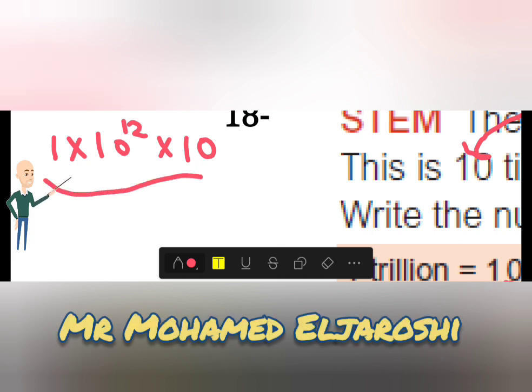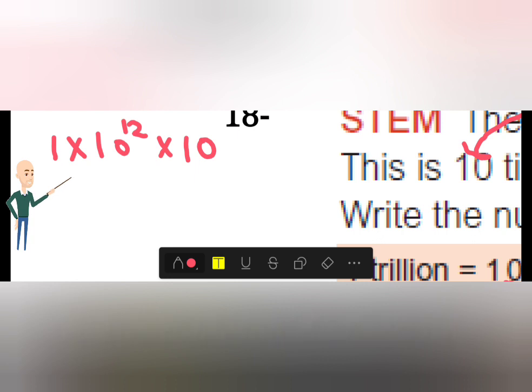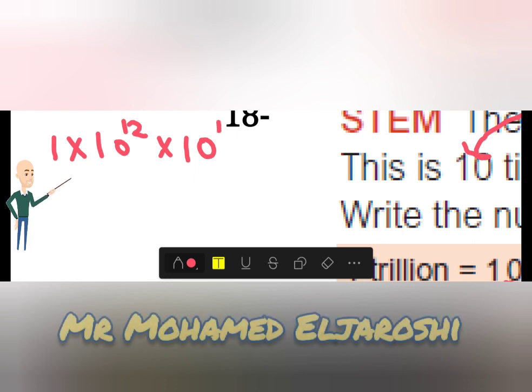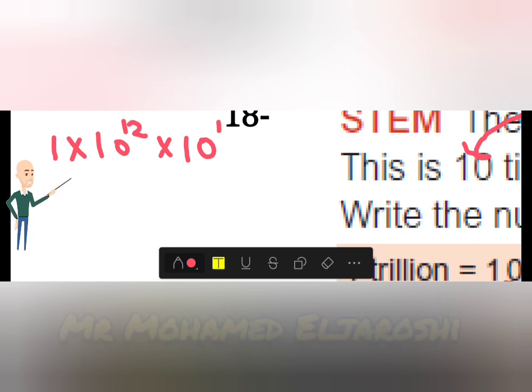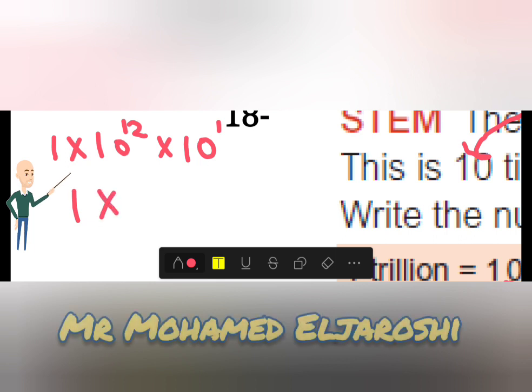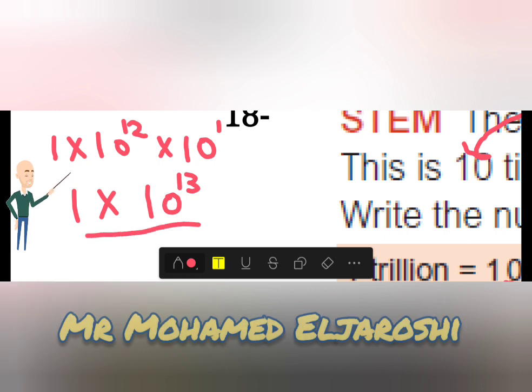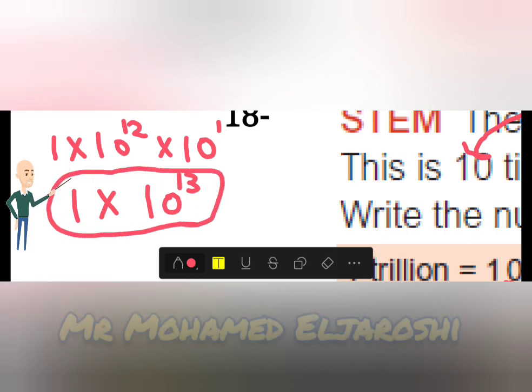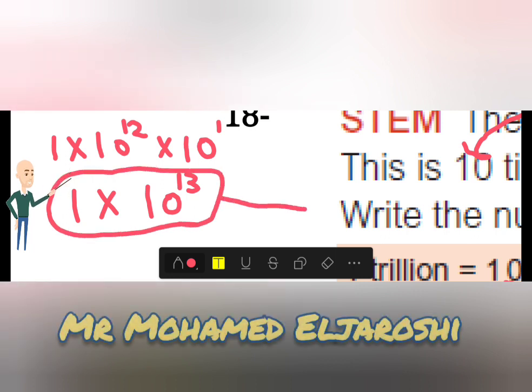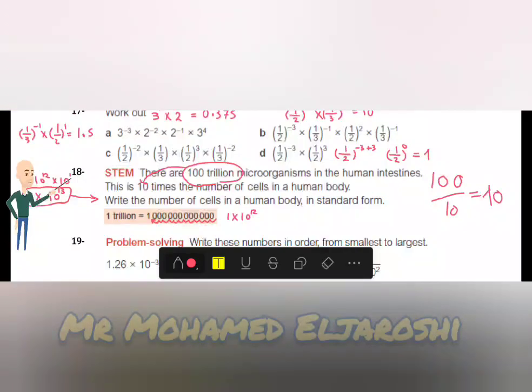Because we're multiplying the same base numbers and this one has a power of 1, we will add the powers together. So it's going to be 1 times 10 to the power of 13. And this is the number of cells of the human body in standard form. And this is how you answer a question like this.